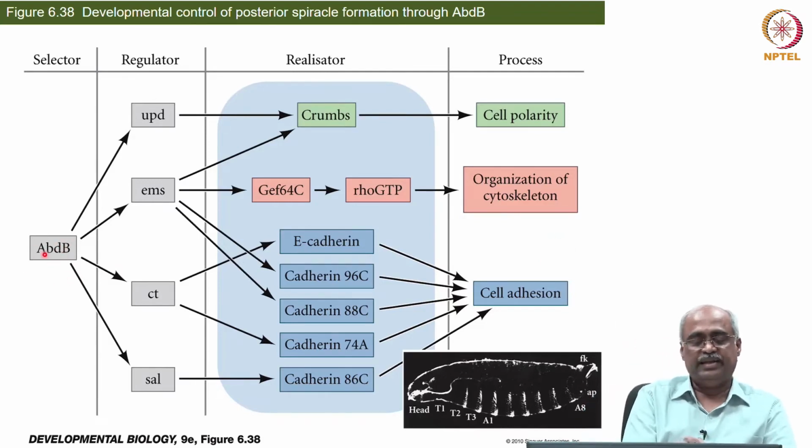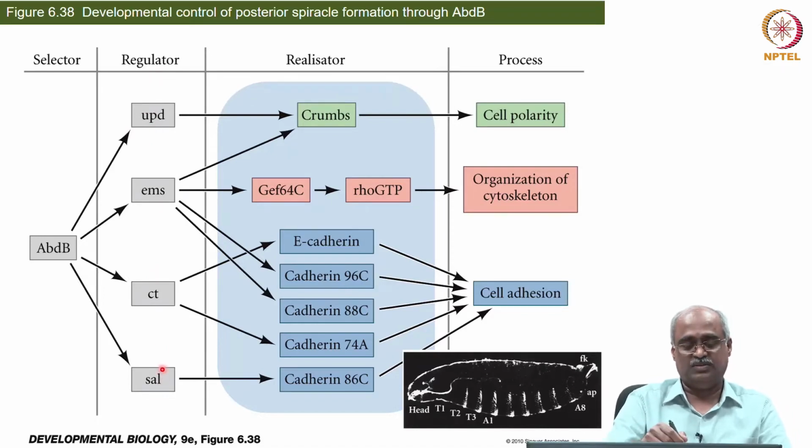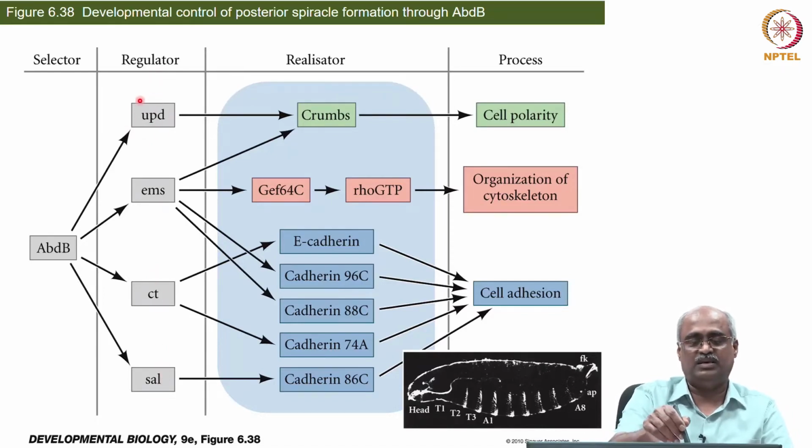So to go into the details of this, abdominal-B, one of the Hox genes, a posterior group gene, is a transcription factor that activates the transcription of 4 other genes, which are again transcription factors, except this one, which is a paracrine factor. The other 3 are transcription factors.